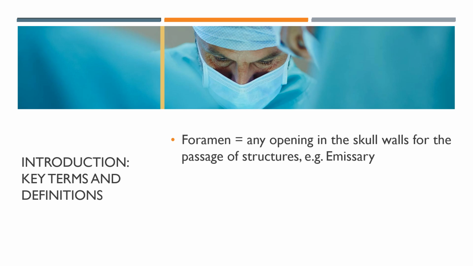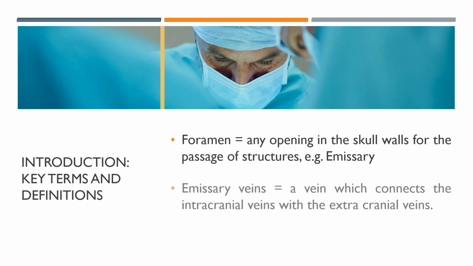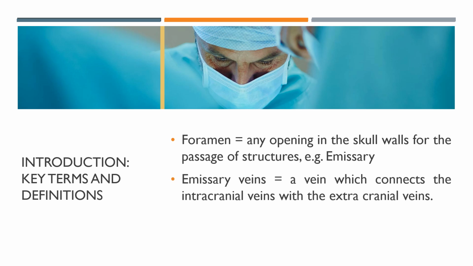For example, we have emissary foramen, a foramen that contains an emissary vein, and emissary veins connect intracranial veins with extracranial veins. That means the veins from inside of the skull to outside of the skull.